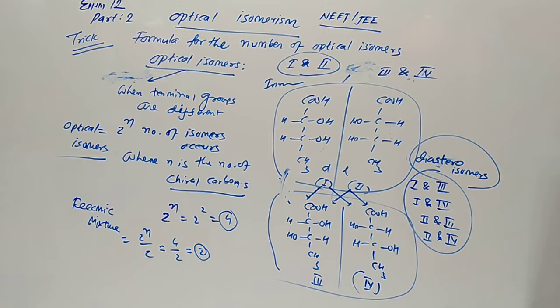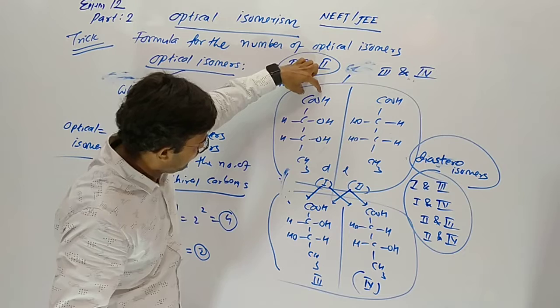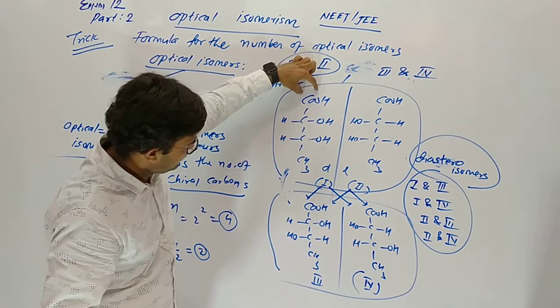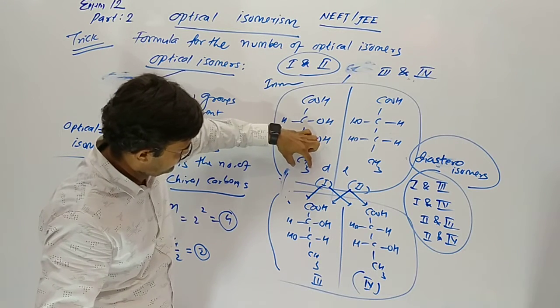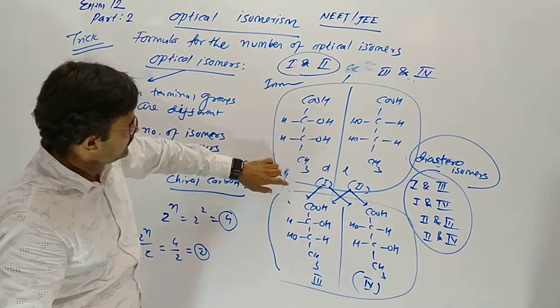Whenever the molecular formula is the same, but the structures are not mirror images of each other, they are called diastereoisomers. Now another formula, when the terminal groups are the same. In this type of structure, the upper part and lower part, last one and last one, are the same.